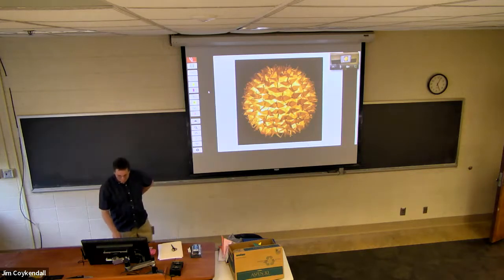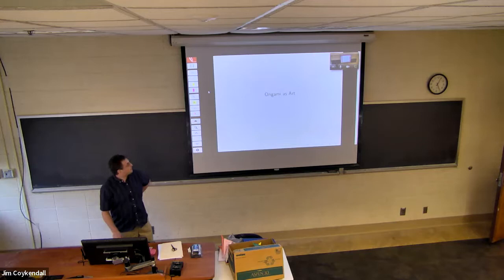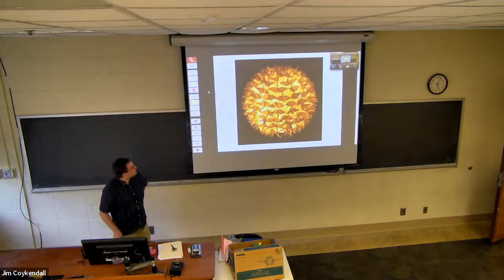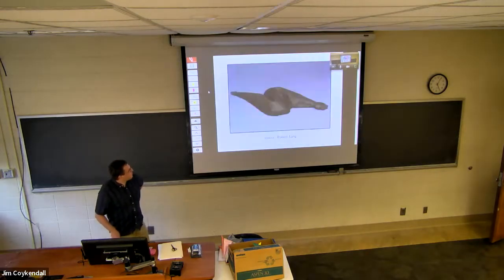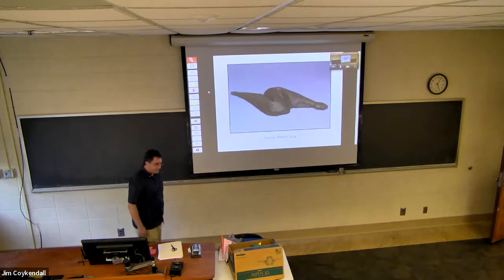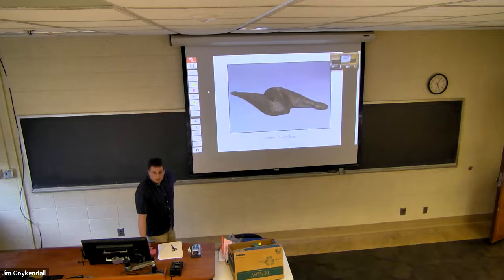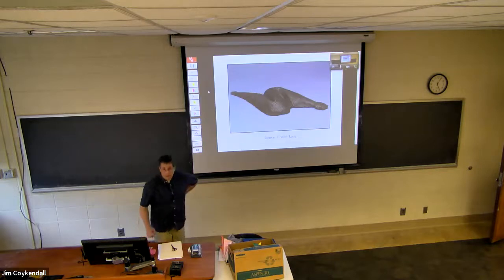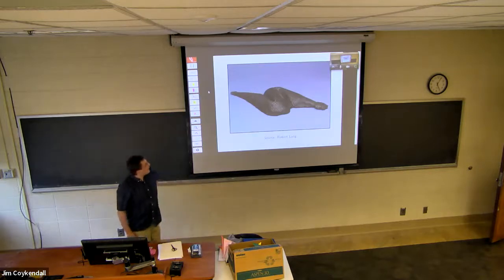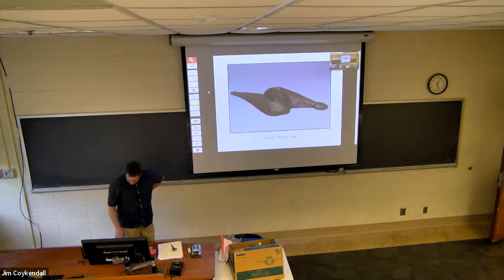All right, so let's start out and talk about what are some artistic parts of origami that are secretly mathematics. So Robert Lang is a well-known origami artist and also a physicist. And there's some stuff that he's done, taken from his website, and pretty amazing.